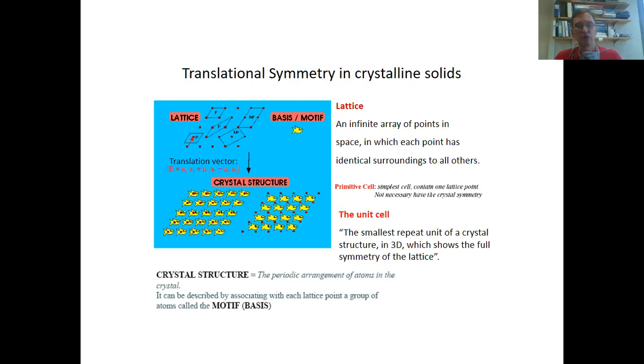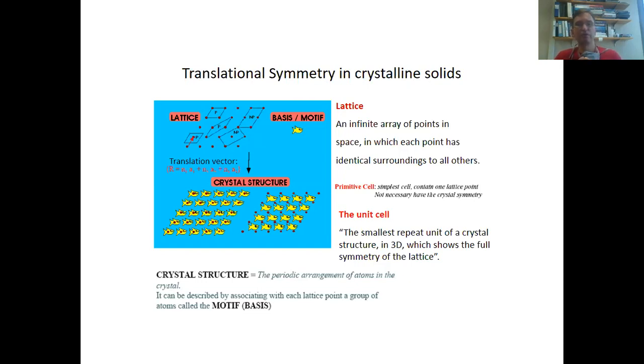Just to review, the primitive cell is the simplest cell with the smallest volume containing only one lattice point, while the unit cell is the smallest cell of the crystal which shows the full symmetry of the lattice.